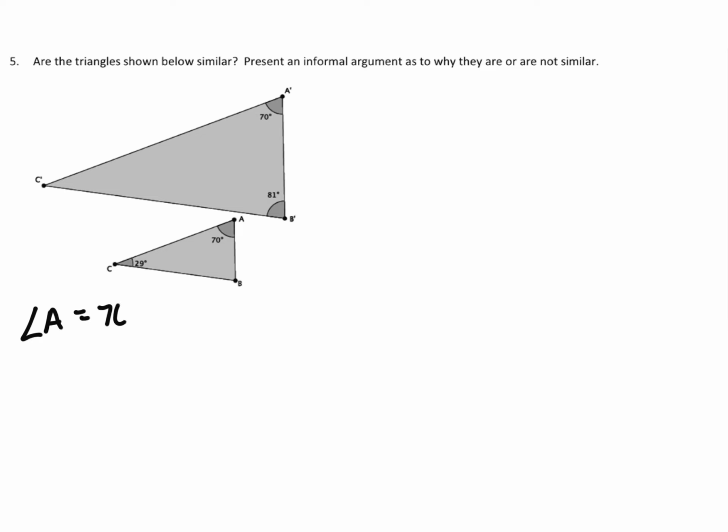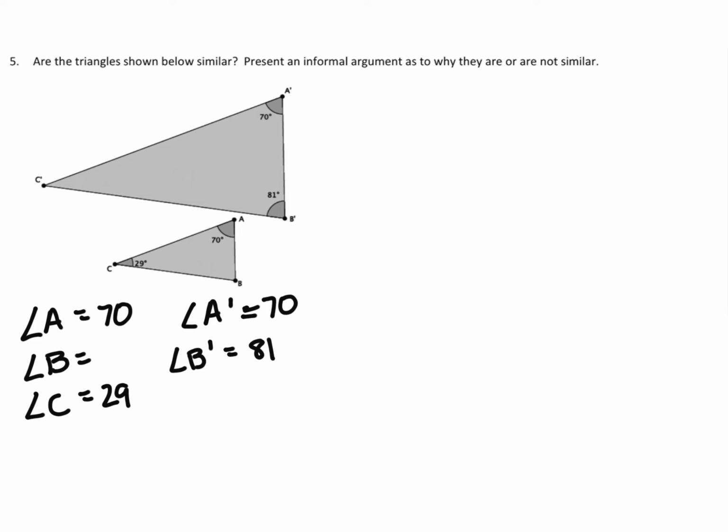Number 5, angle A is 70, angle B is not given, and angle C is 29. A prime is 70, B prime is 81, and angle C prime is not given. For these, to figure out this missing angle, 70 plus 81 makes 151.